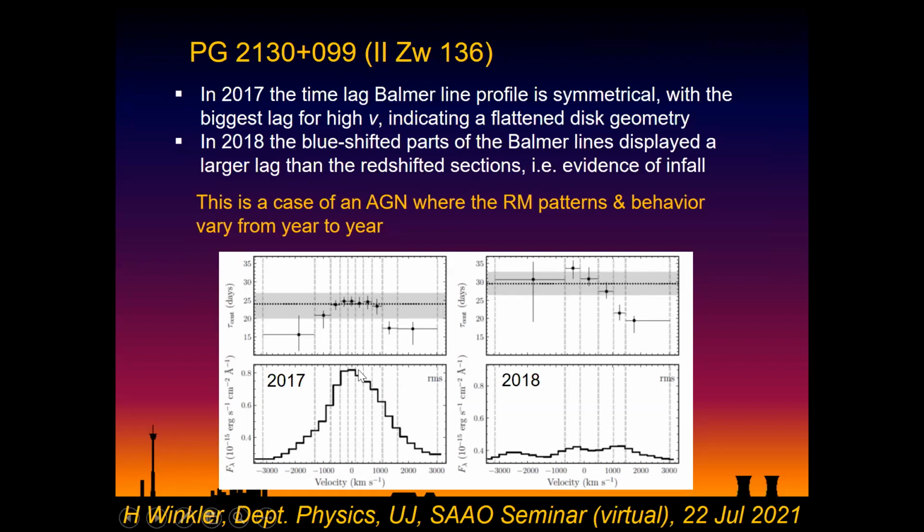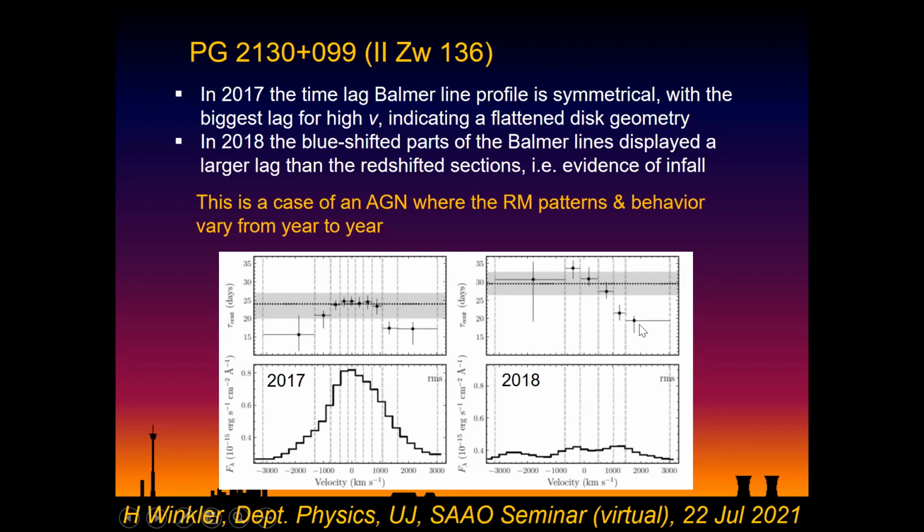And the interesting thing is here, in 2017, there was very little difference between the blue wing and the red wing. But in 2018, there was a difference. You'll find that the delay in the blue wing was much larger than the delay in the red wing.